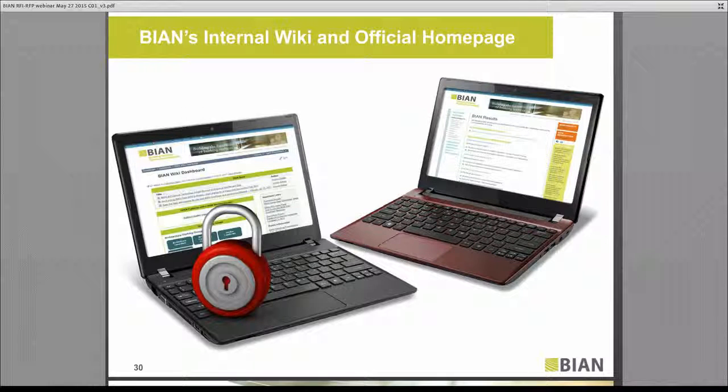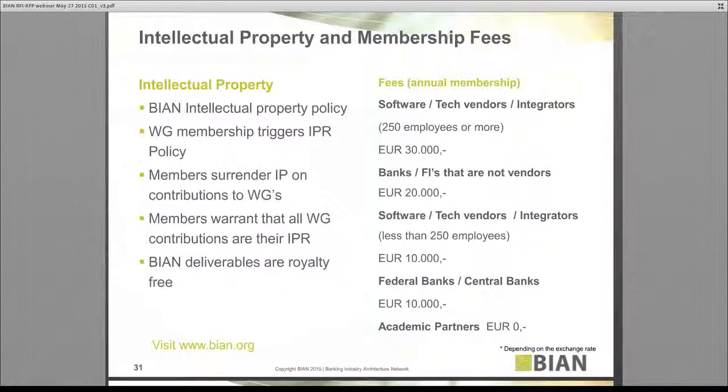We have around 20 plus working groups: loans, payments, wealth management, and so on. So there is a lot to gain, and you get the most out of BIAN if you join and participate in a working group. Everything you discuss in the working group, you can use on a day-to-day basis in your daily practice. Then the membership fee.